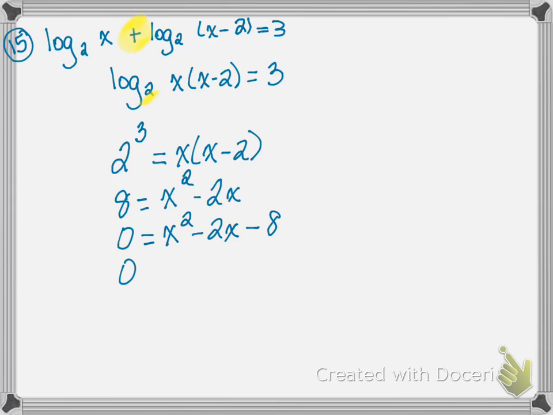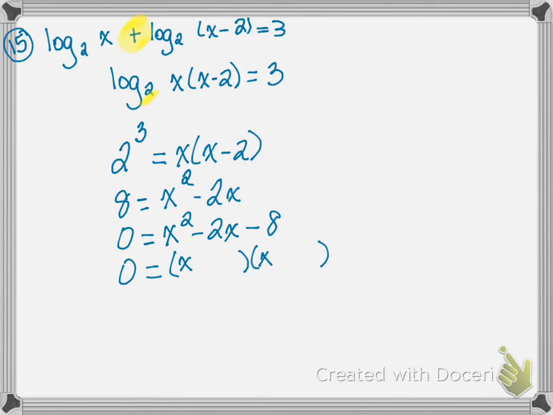So now we get to factor. Okay, my product is negative 8, and my sum is negative 2. So I'm going to have x, and I have to come up with two numbers multiplied together equal negative 8, added together equal negative 2.